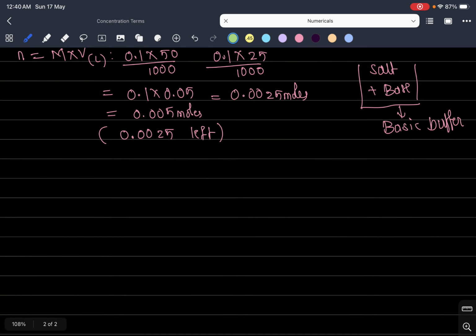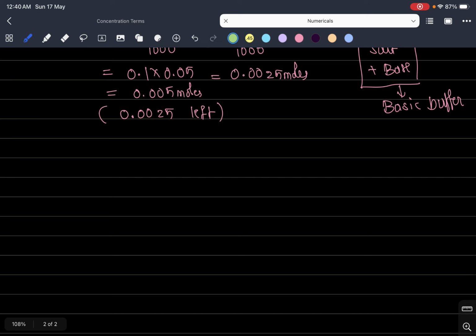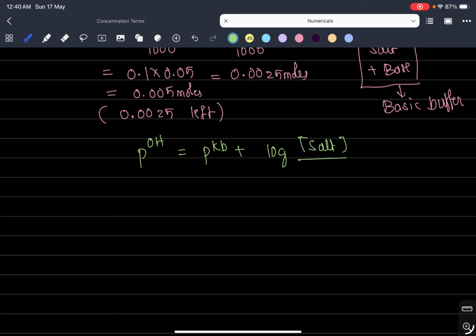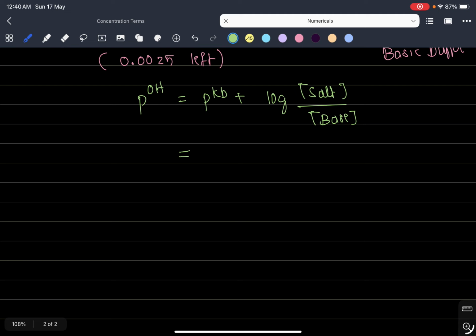So what is the formula to calculate this? We have to calculate pOH. pOH is equal to pKb plus log of the concentration of salt by the concentration of base. The pKb is already given, so that's going to be 4.74 plus log of the concentration of both of them.